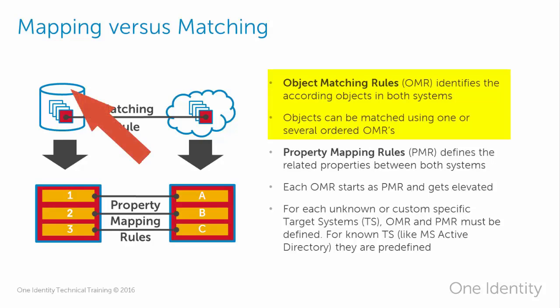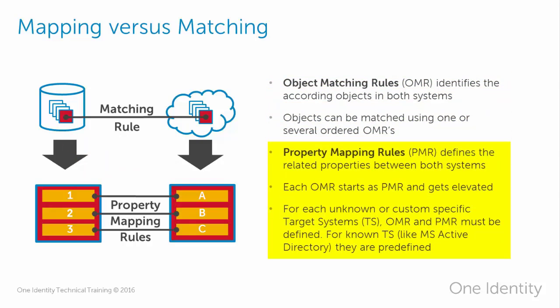For example, if there's our One Identity Manager database and on the other side a target system, there should be a representation of every object from the target system side as well in the database. Once we have just inserted all the data from target systems into the database, there must be something that defines a reference between an according database object and the target system object. This kind of rule is called matching rule, and it helps to identify corresponding objects.